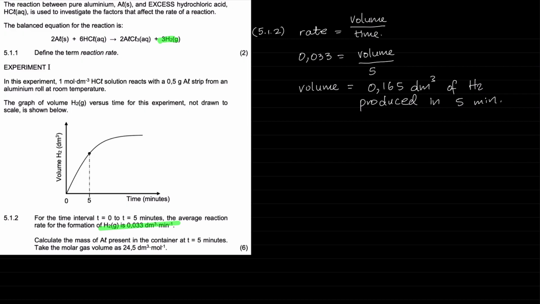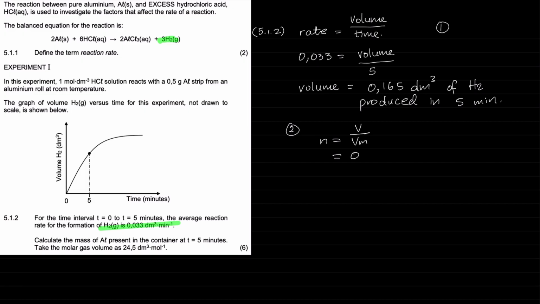Now, they tell us the molar gas volume, so we can calculate the number of moles. That was step 1. Step 2 is the number of moles equals V divided by Vm.